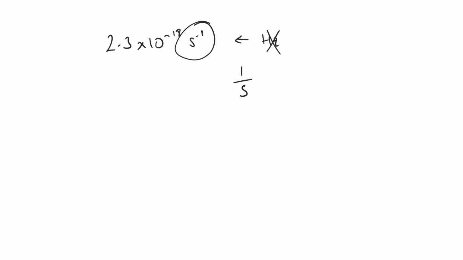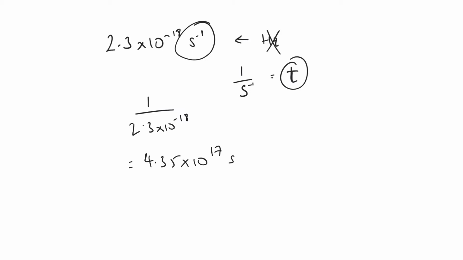So if we now invert it, that actually gives us an amount in seconds. If we do 1 divided by 2.3 times 10 to the minus 18, that gives us an answer of 4.35 times 10 to the 17 seconds. And what that tells us is the age of our universe.